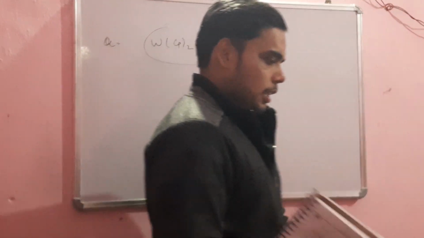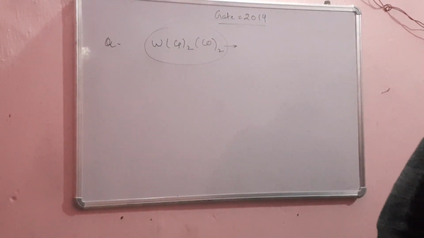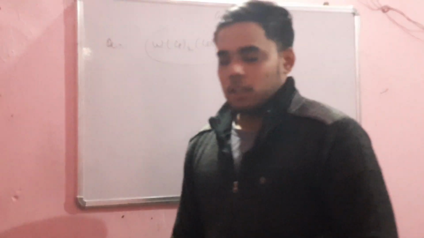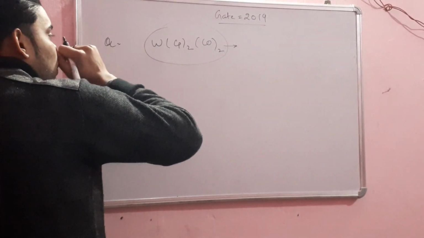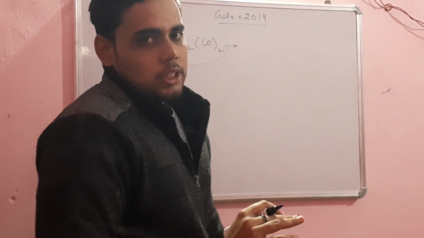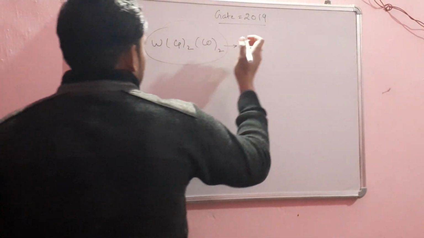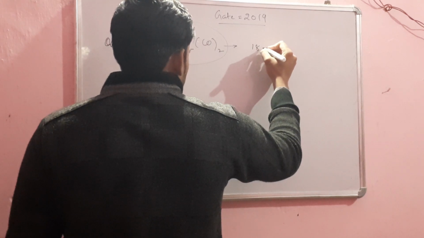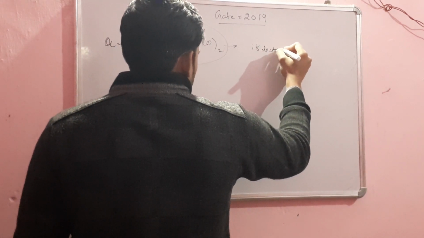As you can see, it is a coordination compound, or you can say it is a complex compound. In coordination chemistry, you know that every organic or inorganic compound which is complex tends to follow the 18 electron rule.